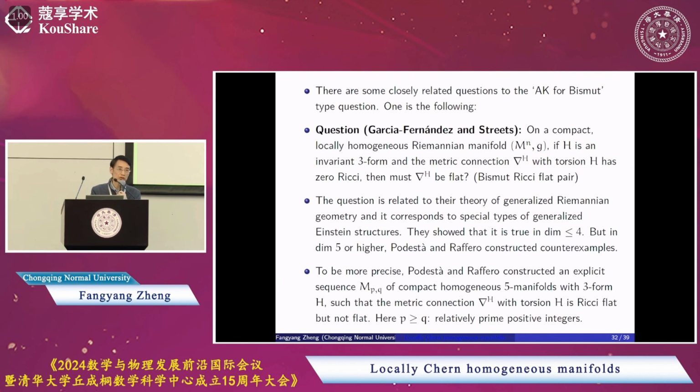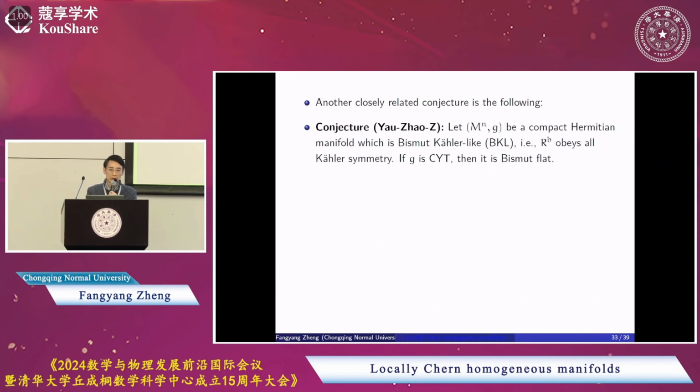Another conjecture was raised by Professor Yao and Zhao and myself several years ago. We consider the so-called Bismuth Kähler-like manifolds, which means Hermitian manifolds whose Bismuth curvature obeys all the Kähler symmetry, yet are non-Kähler. CYT means they have vanishing first Bismuth Ricci curvature.